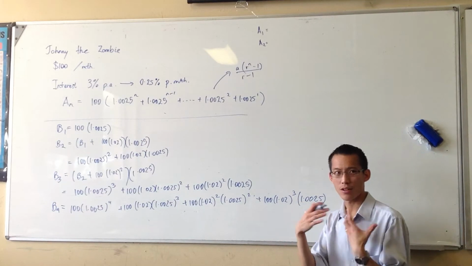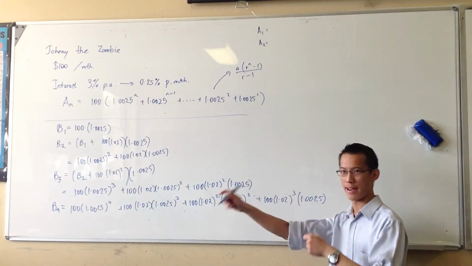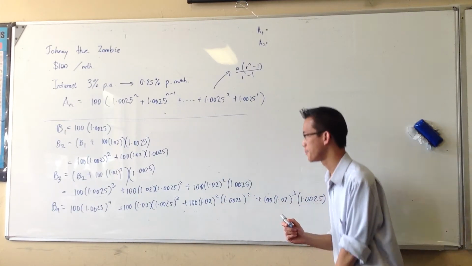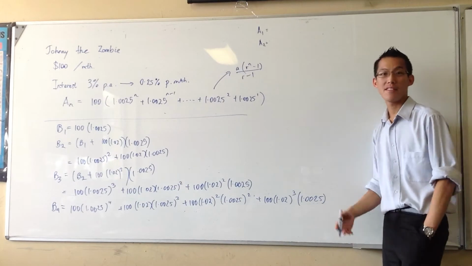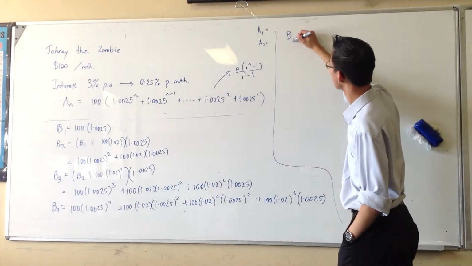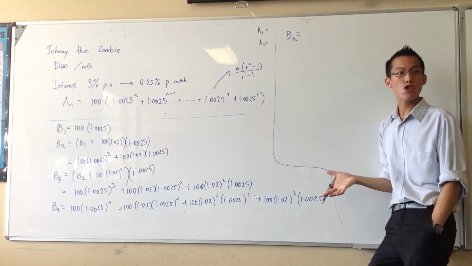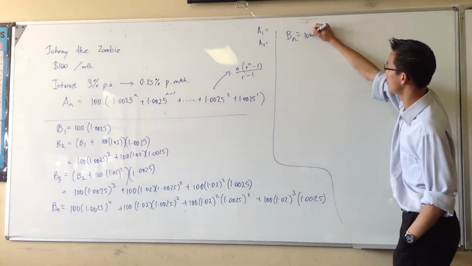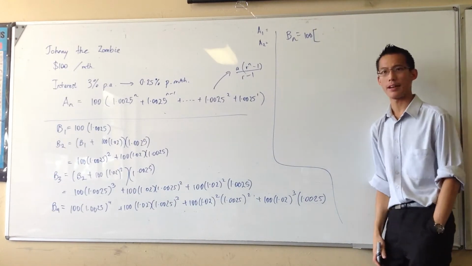Okay? I'm trying to get across to you what each bit is so that you're not just mindlessly putting all these indices together, but you know what each bit means. Okay? So what's B of n? You can see you can actually still take out a factor of 100. So that's good. 100 out the front. Okay.